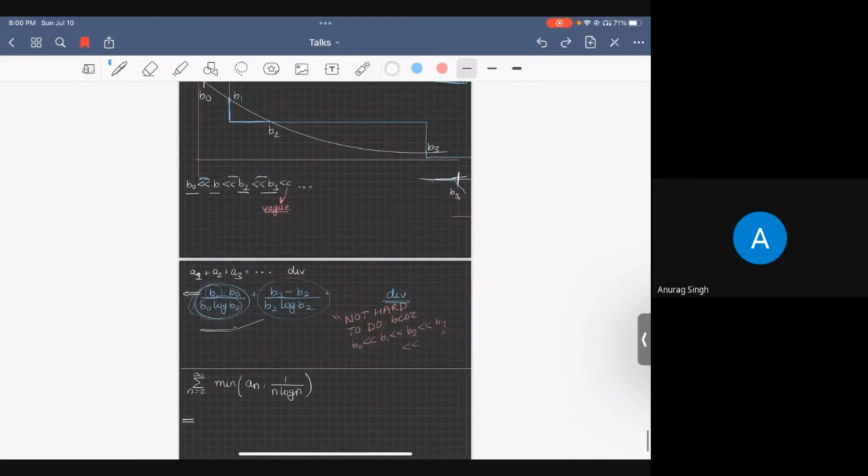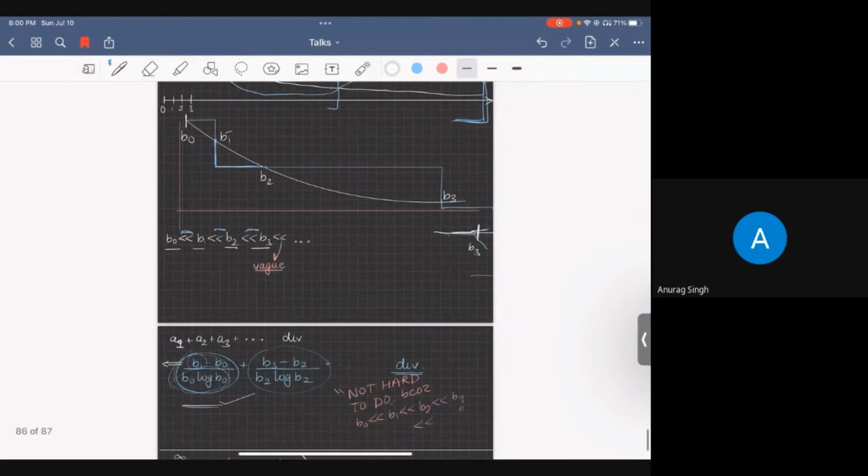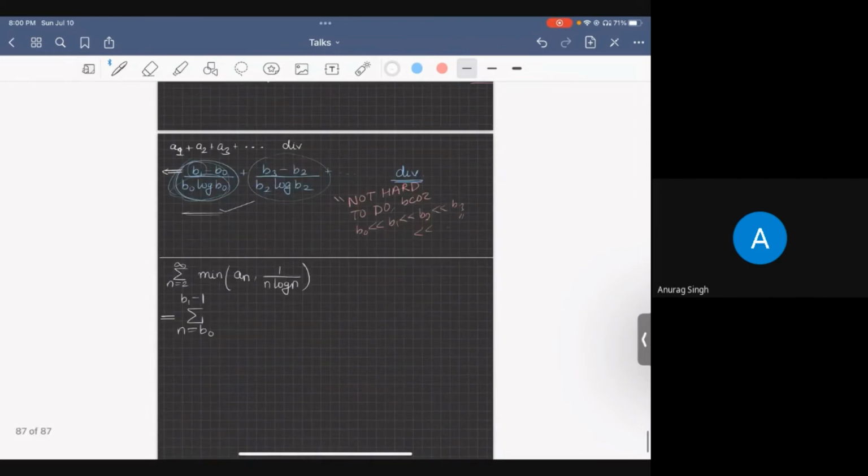The n varies from B0 to, let's say, B1 minus 1. We'll include this in the next one, because I have to include B0 somewhere. B1 minus some epsilon.